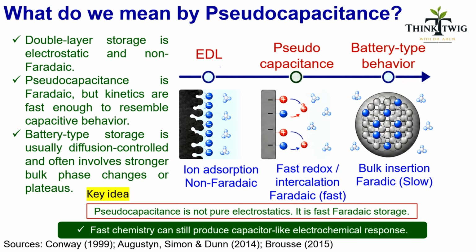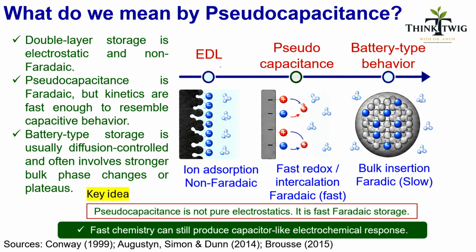In strongly battery type storage, they may have to travel much deeper through the building. Now, the distance and transport become more important. The analogy is not the mechanism itself, of course. It simply tells us why location and transport length matter.